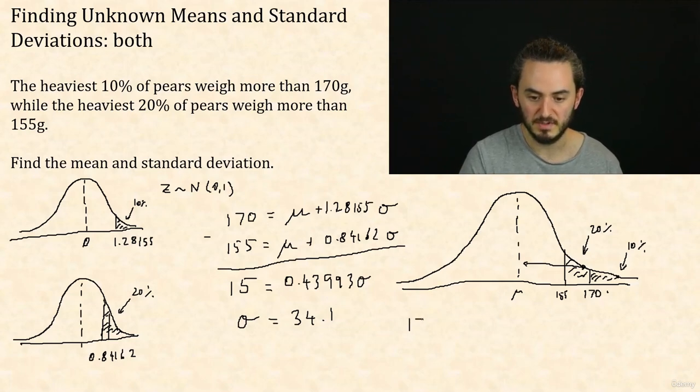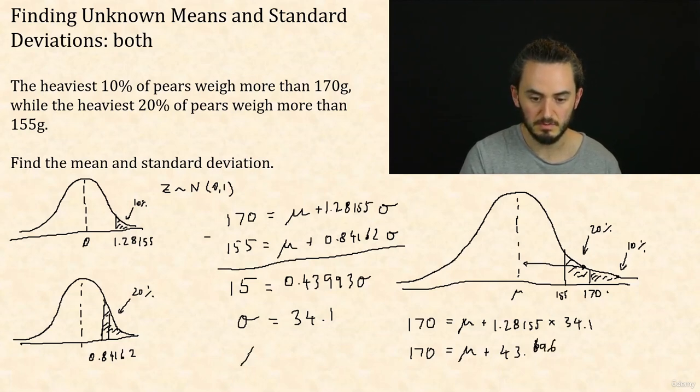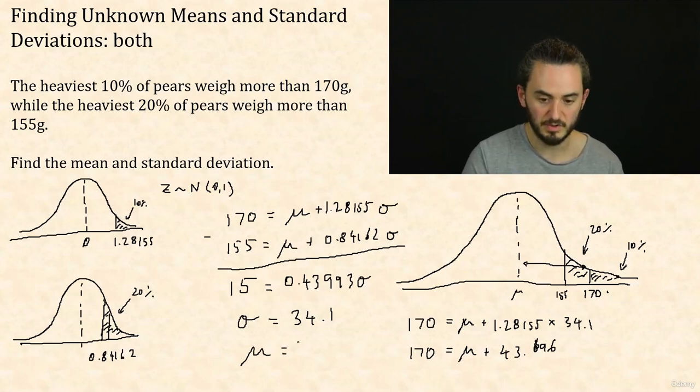So I've got that 170 is the mean, which I don't know, plus 1.28155 lots of this thing that I've just worked out. So 170 is the mean plus that number times 1.28155, which is 43.696, and that means that mu is 170 minus that number, which is 126.3.